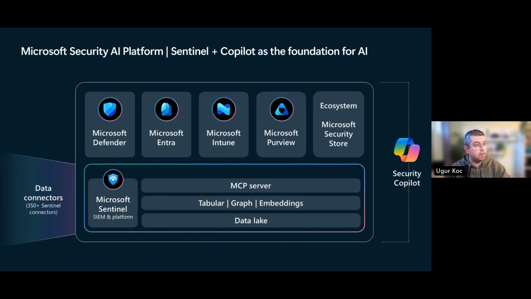So first and foremost, the Microsoft Security AI platform. As you can see in this picture, this is basically the architecture behind what we're talking about today. At the core of this platform is Microsoft Sentinel with its data lake, graph, embeddings, and the MCP server. What's really cool about that is you have more than 350 data connectors.